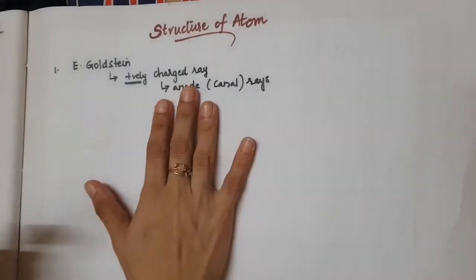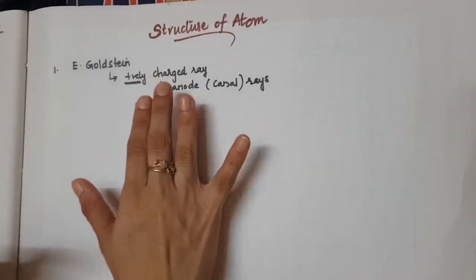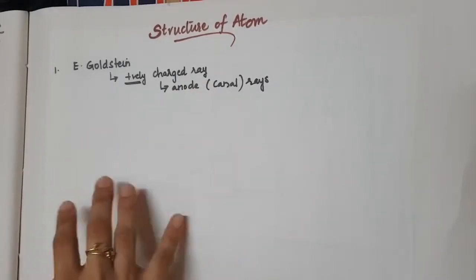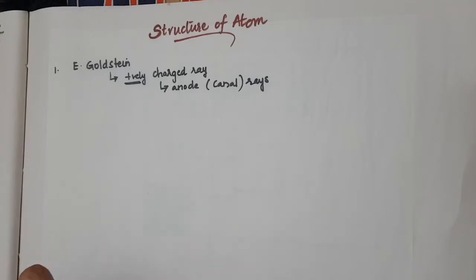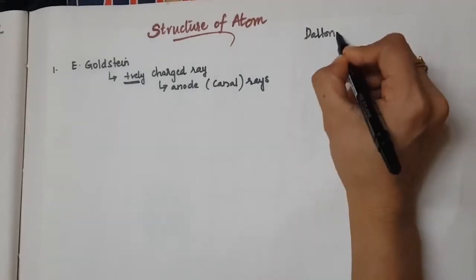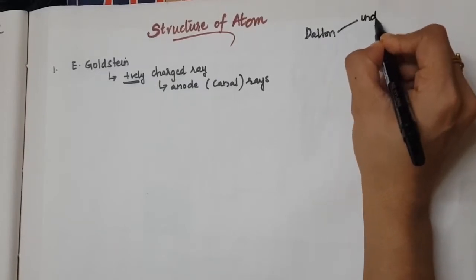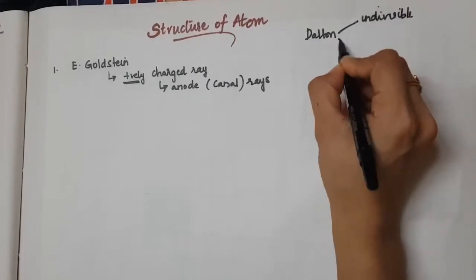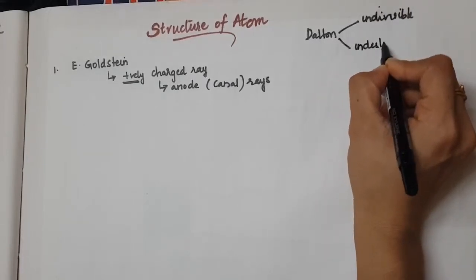But the discovery of positively charged rays in that experiment led to the failure of Dalton's atomic theory. We have learned in the previous chapter that Dalton said that atoms are indivisible and indestructible, right?